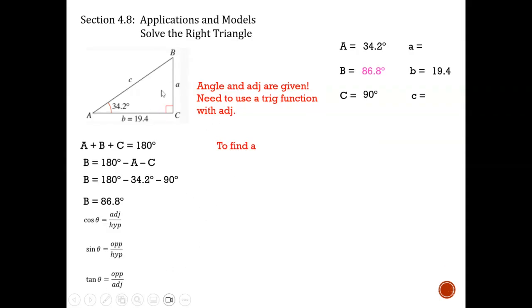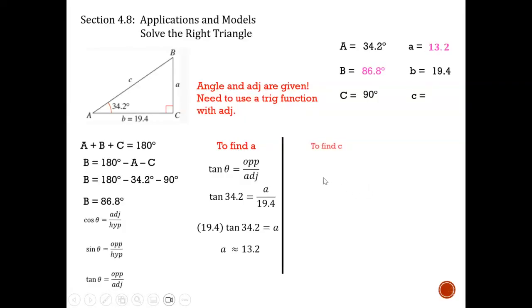To find A, it's going to be the tangent, because tangent is opposite over adjacent. So tangent of 34.2 degrees is equal to A over 19.4. To solve for A, we multiply both sides by 19.4 and use your calculator, making sure that it's in degrees. You get approximately 13.2, because I believe they want you to round off to one decimal place. So little a, or length A, is 13.2.